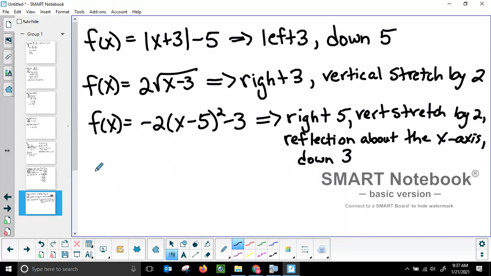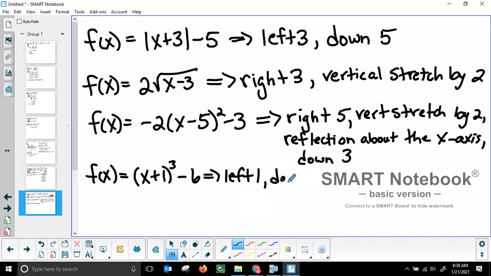D, we have f of x is equal to x plus 1 quantity cubed minus 6. Well, the plus 1 in here would go left 1, and the minus 6 outside would go down 6. And finally, E, f of x is equal to the greatest integer function of 2x.